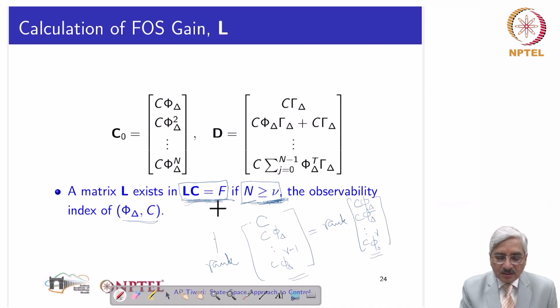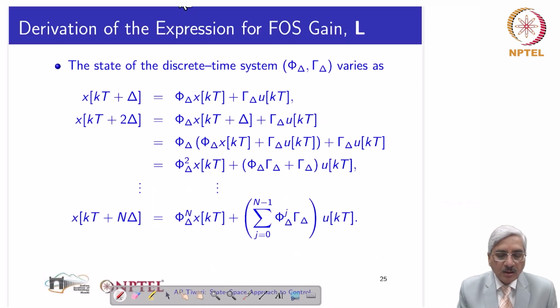And LC realizes this state feedback gain F, and so the response of the closed loop system with this fast output sampling gain controller will be identical to the response of the closed loop system with the state feedback controller, u equal to Fx. So now we derive that relation. How did we get that relation? The derivation follows in this and the next few slides.